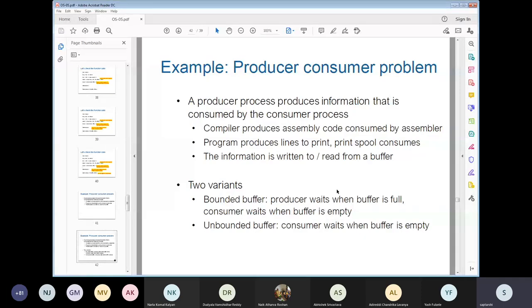That would be discussed in the networks course. But here we are dealing with a simplified scenario where both producer and consumer are in the same computer, and therefore they can use shared memory to implement this buffer and to figure out when the buffer is full, etc. But whatever the implementation, this is the general producer-consumer problem.